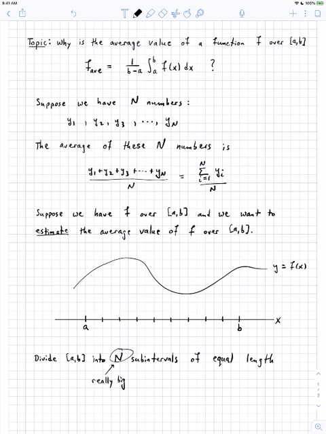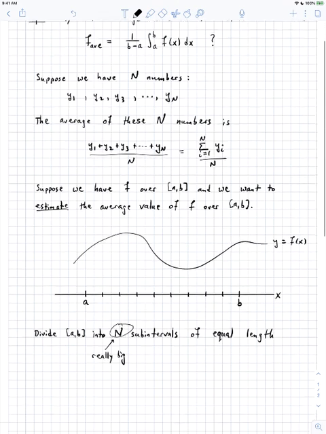So how am I going to do that? Well, I'm going to choose n subintervals. I'm going to take ab and divide it into n subintervals where n is really big. And from each one of these intervals, I'm going to choose a point. I'm going to choose an x. So from each interval, choose an x value.